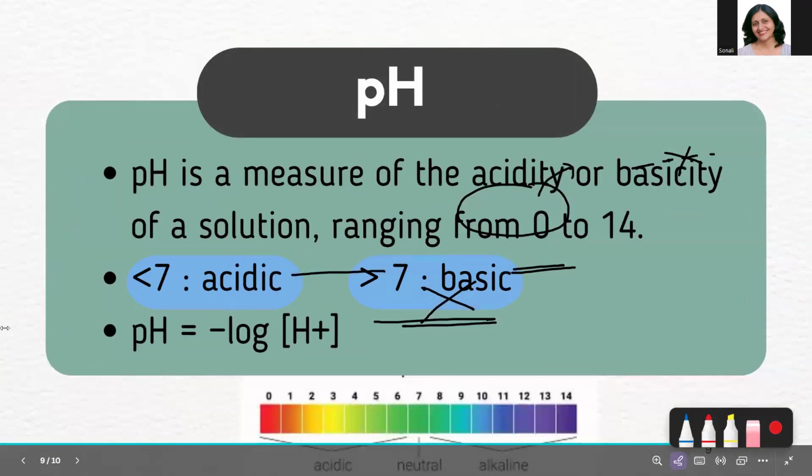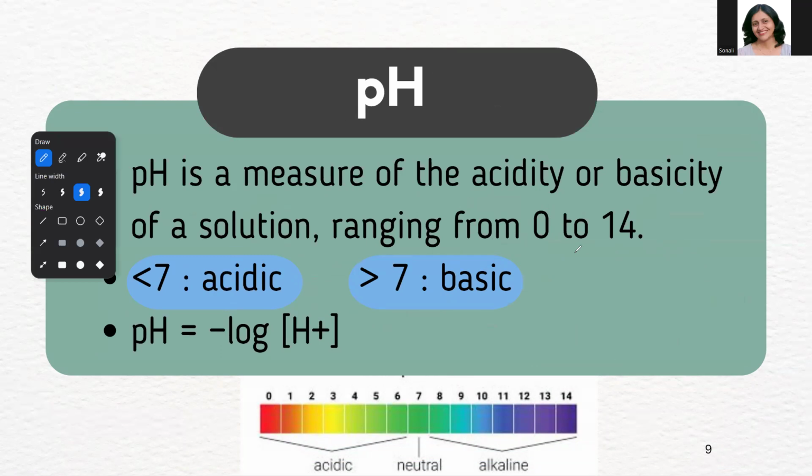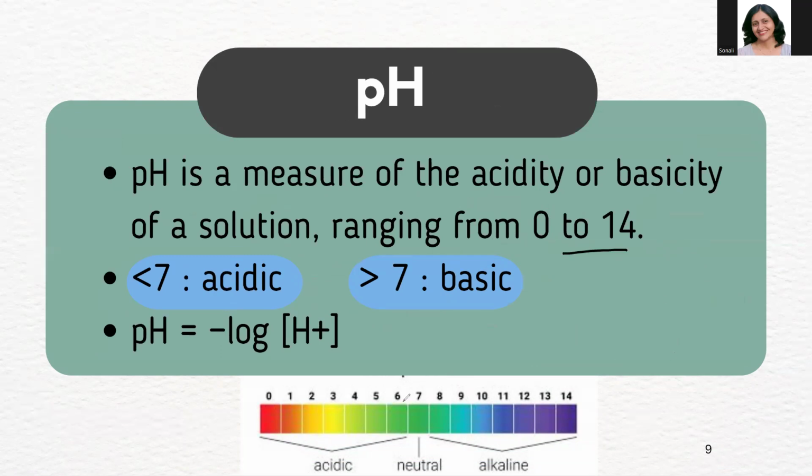And the last point is pH. pH is a measure of acidity or basicity, and it gives you a range from 0 to 14. This is the pH scale, where 0 is the minimum and the acidity is maximum. 14 pH is the most basic, and 7 is neutral.